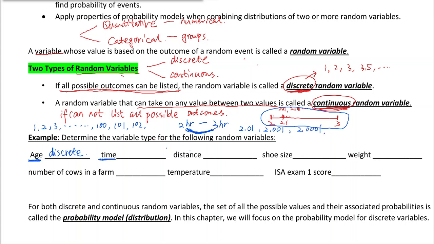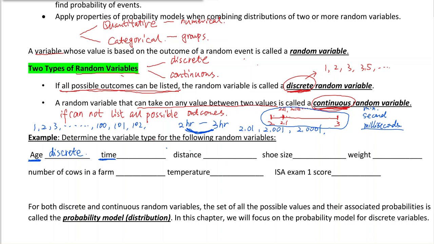We can list the time until the minutes, until the seconds, and even until the milliseconds.